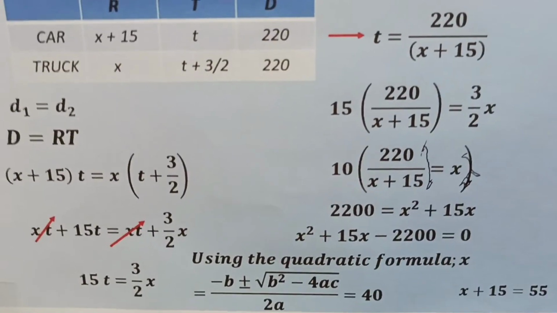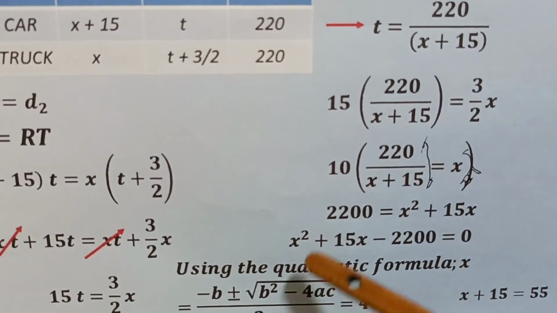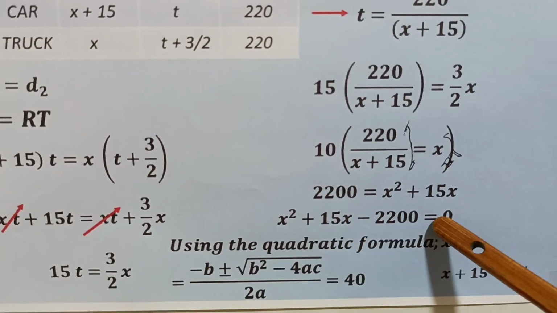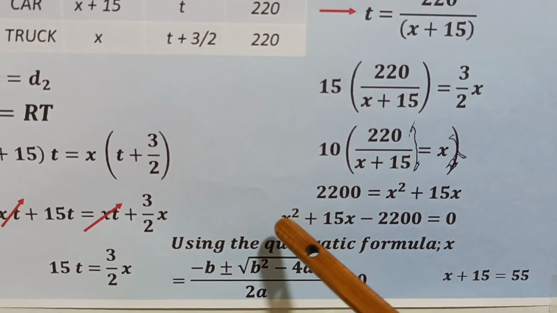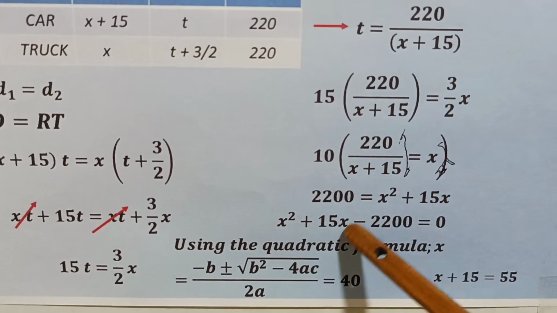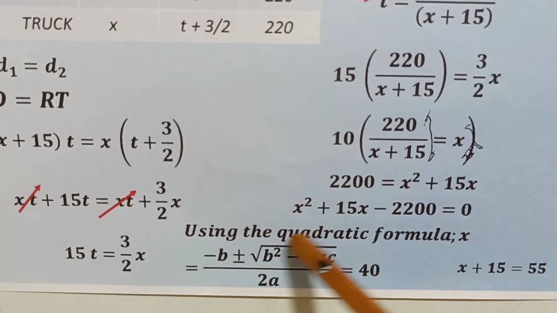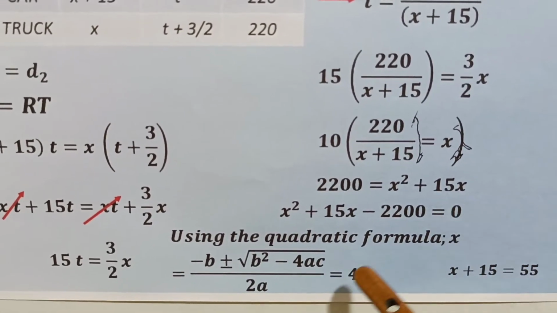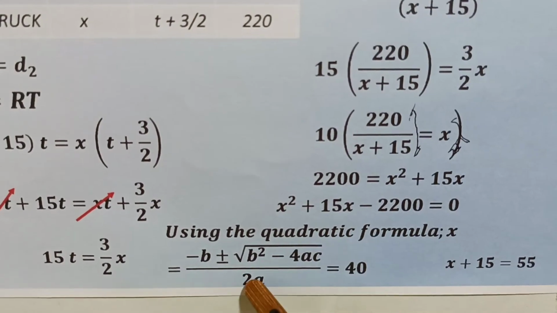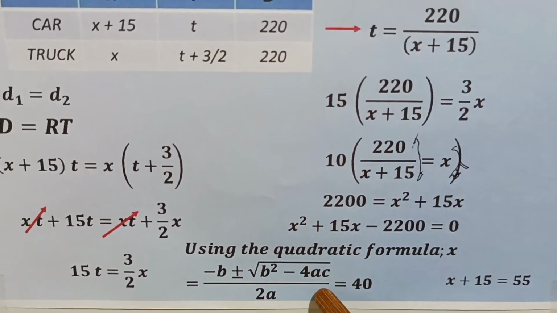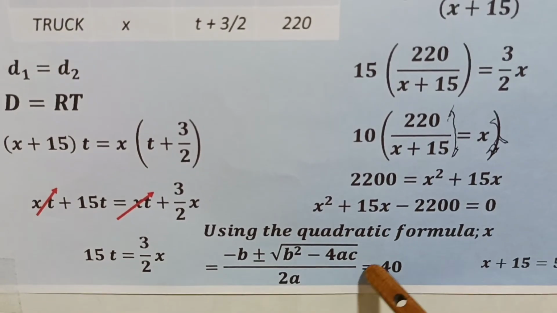So we arrange this one. Since this is a quadratic equation, arranging it in the standard form, x squared plus 15x minus 2200 is equal to 0. So we're going to use the quadratic formula: x is equal to negative b plus or minus the square root of b squared minus 4ac, all over 2a.